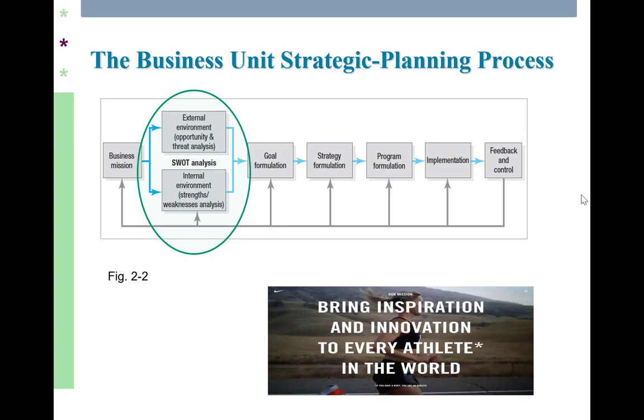Well, once that time-consuming exercise of creating a mission statement is complete, the next step is to perform what they call a current state analysis, or CSA, from both an external and internal perspective.